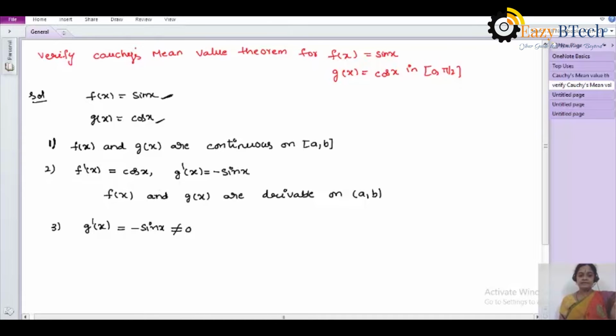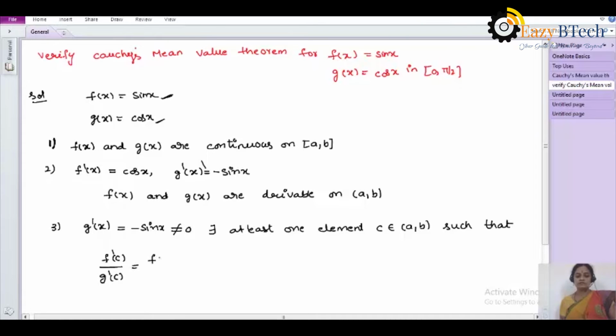So then there exists, by Cauchy's mean value theorem, at least one element c belongs to (a, b) such that f dash of c by g dash of c is equal to f of b minus f of a by g of b minus g of a.